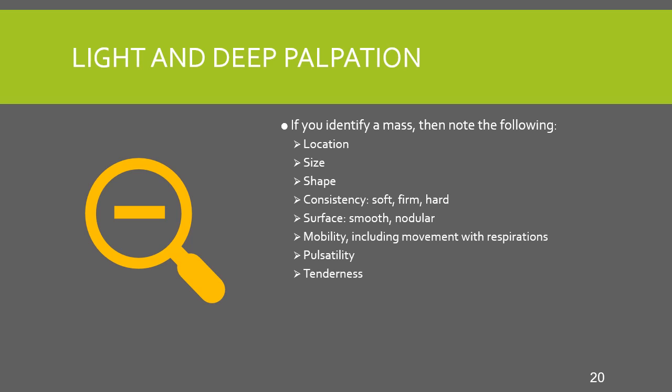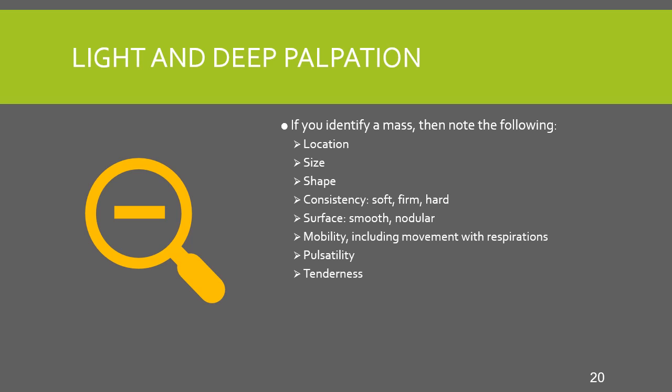If you do identify a mass while palpating the abdomen, you should document the location, so which quadrant it's in, the size, the shape, the consistency. Can you tell if the surface is smooth or nodular? Is it mobile? So when you push on it, can you move it, or does it feel fixed to the tissues, or does it move up and down with respirations?